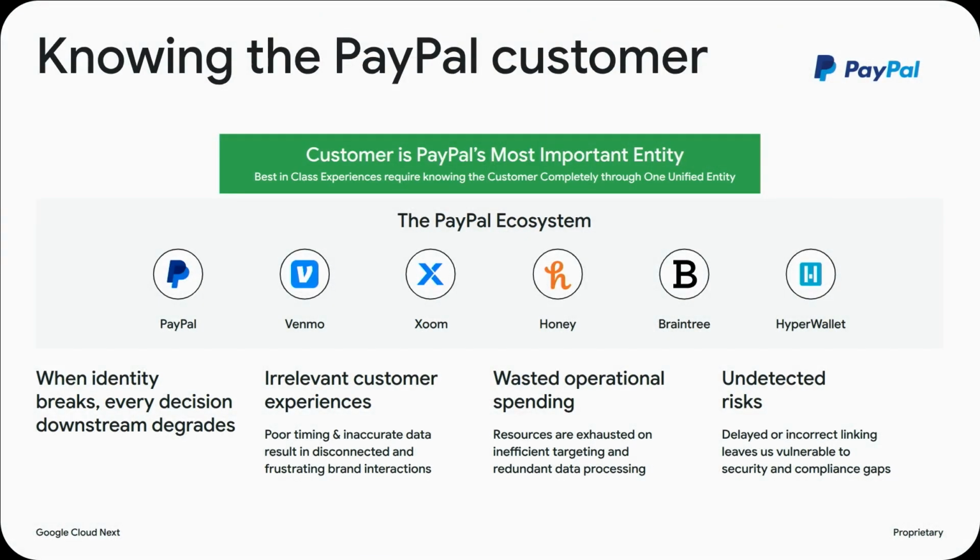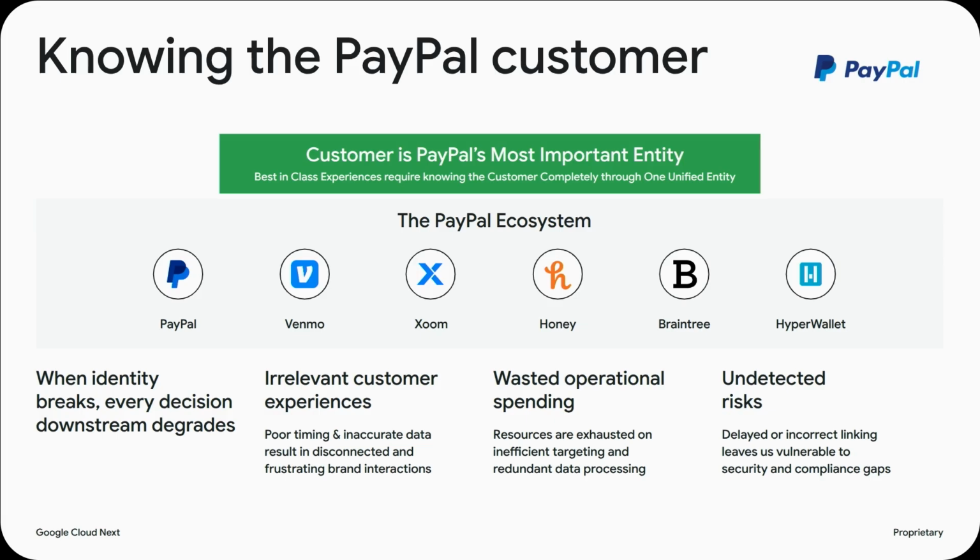Customer is PayPal's most important entity, right? And we want to have the best-in-class experiences for our customers, be it merchants or consumers. But PayPal isn't just one product. It's an ecosystem. PayPal, Xoom, Venmo, Hyperwallet, Honey, Braintree, each grew up with its own identity systems. And a single person may have a PayPal account, a Venmo handle, and a Honey profile all at the same time.